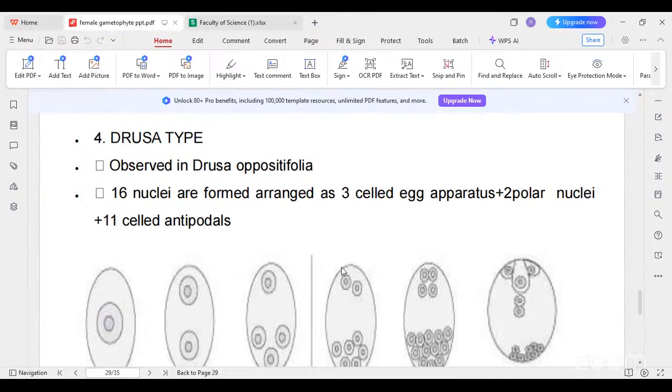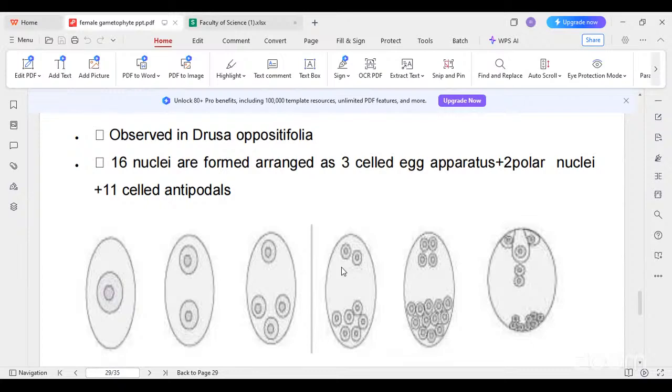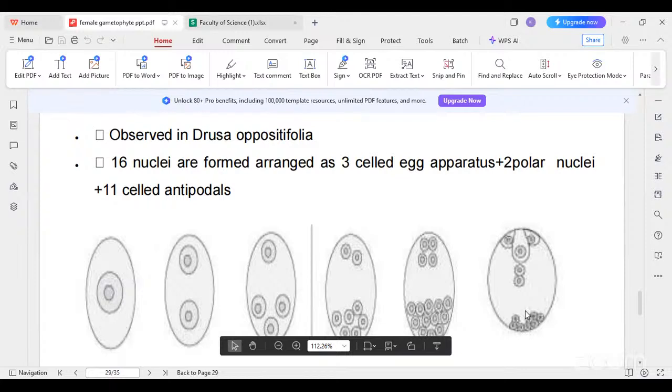Here also 16 nuclei are present, arranged as a three-celled egg apparatus. These are the two polar nuclei, and these eleven are called antipodal cells: 3 plus 2 plus 11. Total 16-celled structure, 16 nuclei formed in Drusa.